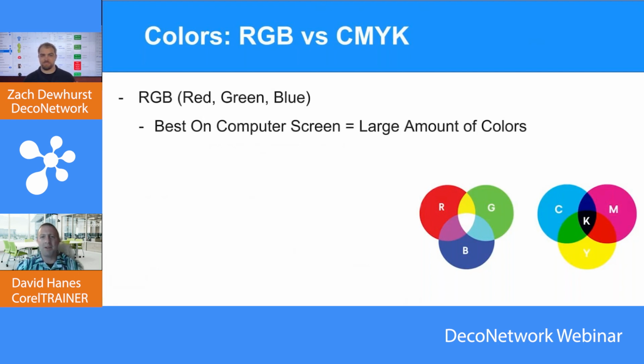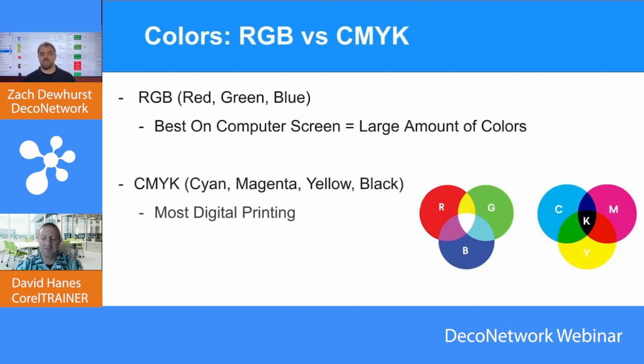That's the word that I would use. Color profiles, you know. Okay. Yeah, there's a lot more colors out there than CMYK. Yeah. And then cyan, yellow, magenta, and black are used with most digital printing methods.